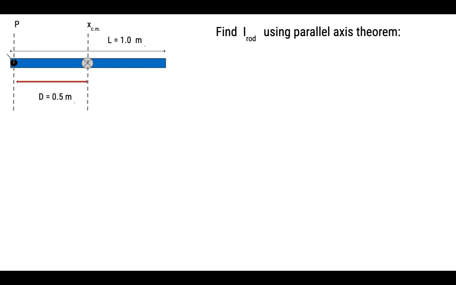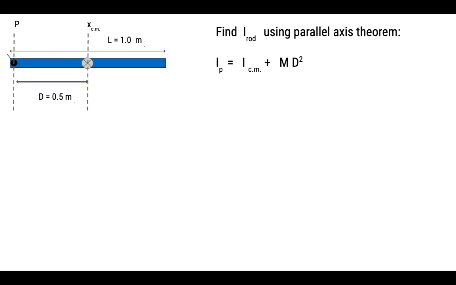Just a reminder review, the parallel axis theorem states that if the axis of rotation is parallel to the axis about the center of mass, we can find the moment of inertia about that axis by taking the moment of inertia about the center of mass and adding the total mass of the system times the distance between those two parallel axes squared.